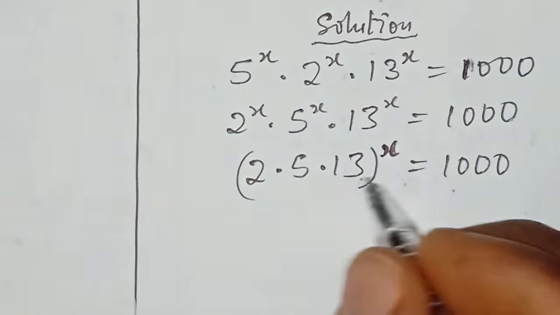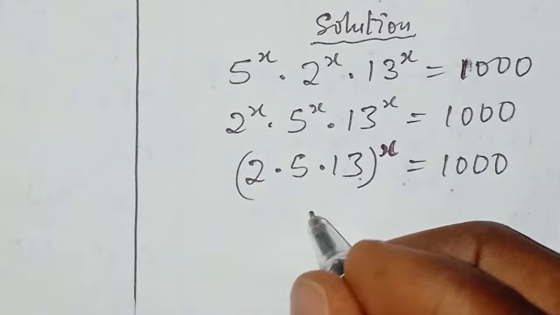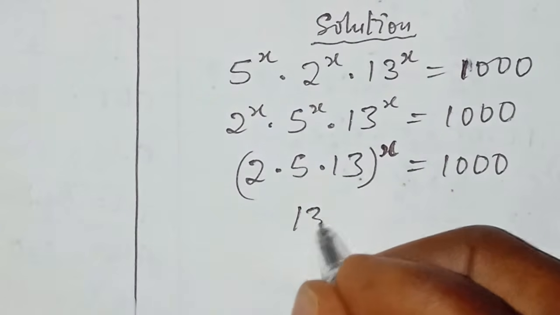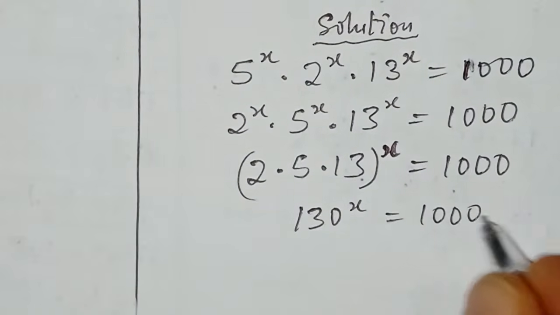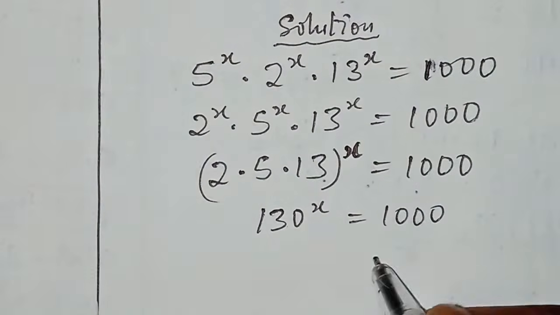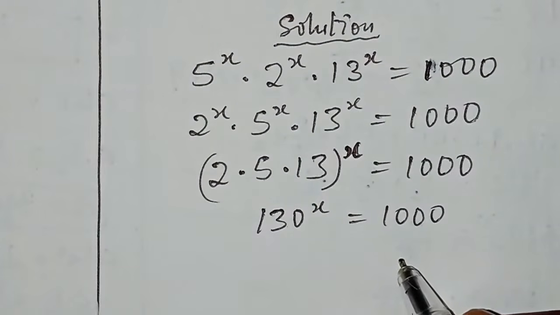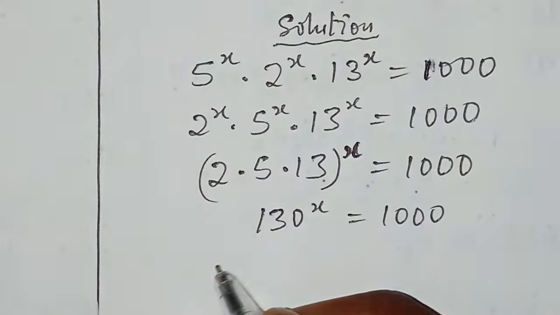So if we multiply what we have in the bracket, we have that to be 130 to the power of x equal to 1000. Now we need to take the log of both the left hand side and the right hand side.